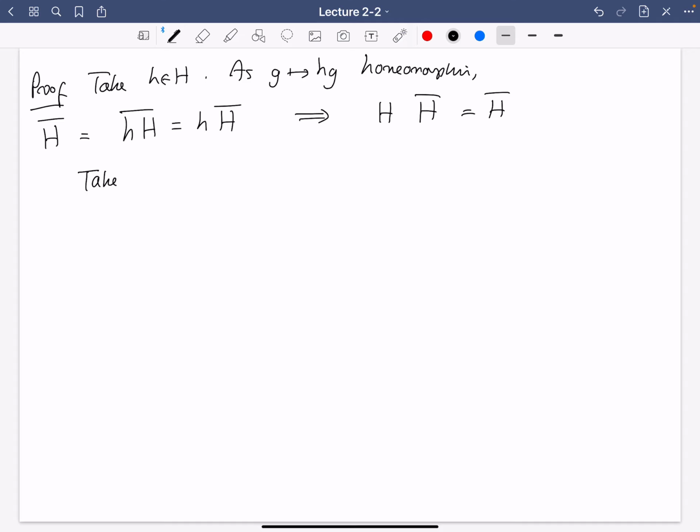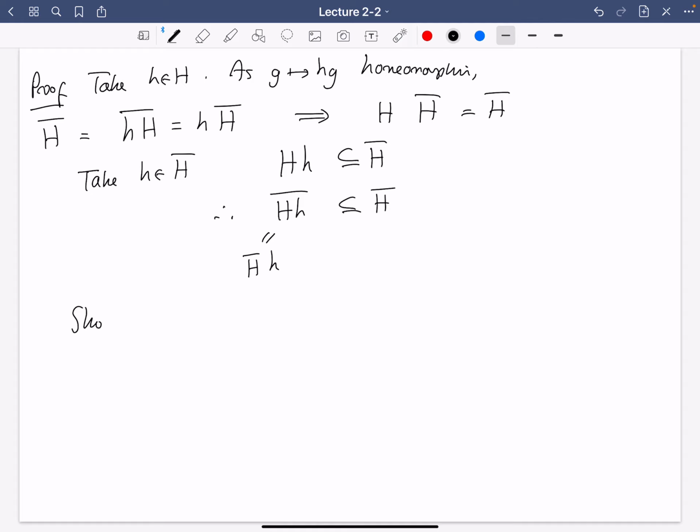Now take an element h of the closure, and let's look at the translate big H times little h. So that's in H bar by what we just showed, that's a subset of H bar. So now that means that the closure of Hh is also lying in H bar because that guy's closed. But this is just H bar h because that right multiplication is a homeomorphism.